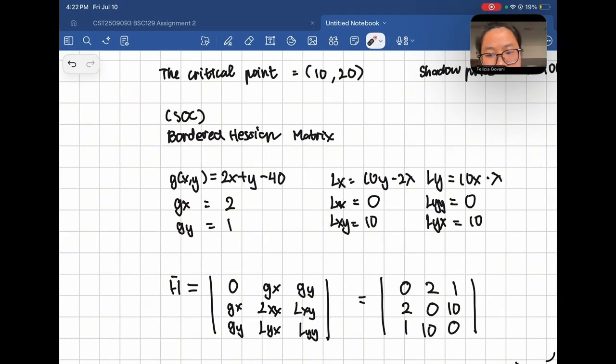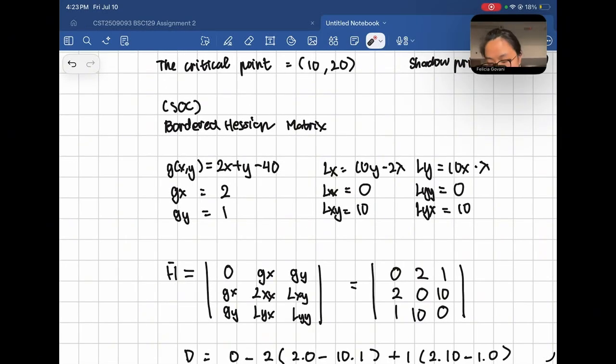Same method like before: the function's first derivative with derivative again, and also y with derivative again, and also the derivative with respect to x and then to y, same as the opposite one. And we also add the g_x, g_y. We also take the derivative of the constraint function with respect to x, which is equal to 1, and the derivative with respect to y is equal to 1.